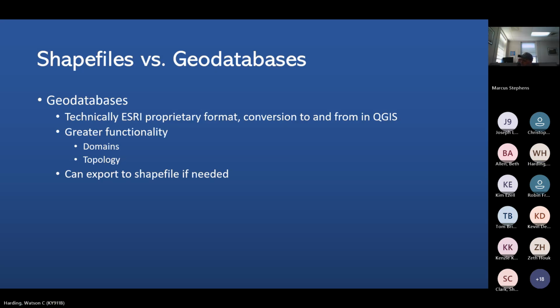Topology is just verifying the relationship between different layers, and it checks for things like crossovers and gaps. It's basically rules you can set, such as the emergency service has to be coincidental with the PSAP boundary.